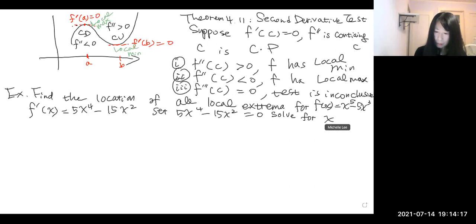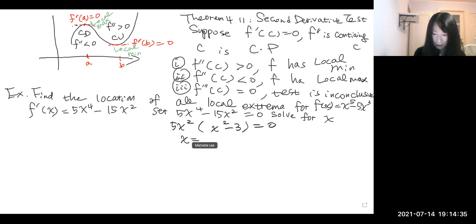Okay, then let me help you out a little bit. 5x squared times (x squared minus 3). Then we have x equals 0 because x squared equals 0 gives x equals 0, right? Then x squared minus 3 equals 0, then x equals plus or minus square root of 3, right?